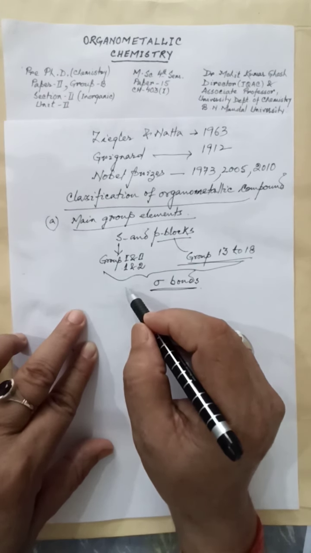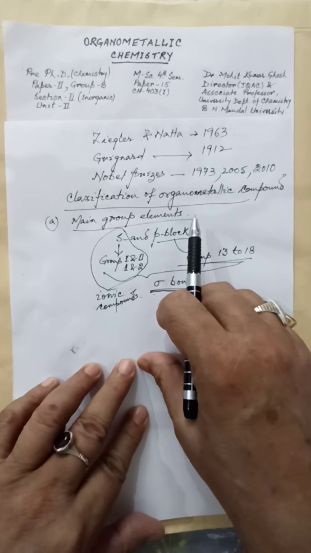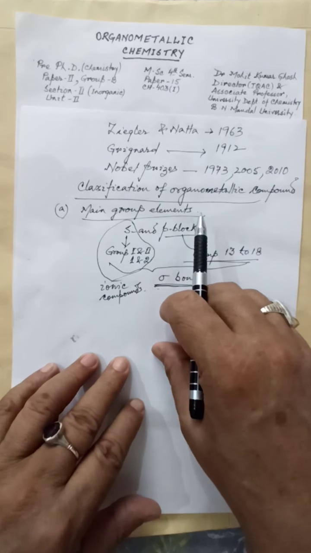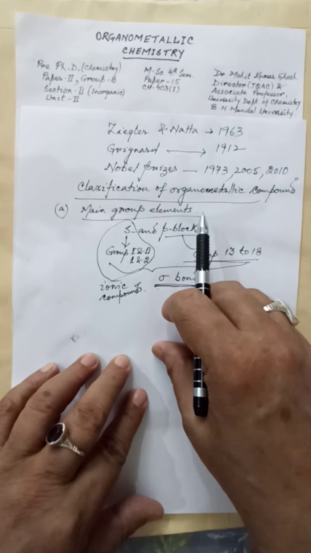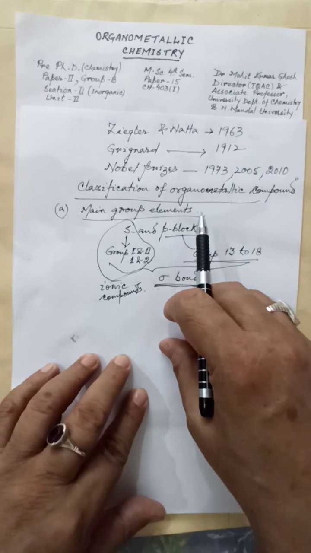The polarity of the bonds depends not only on the difference in electronegativity between the metal atom and the carbon, but also on the metal orbitals which are available, the steric requirements and the polarizability of the electron cloud.